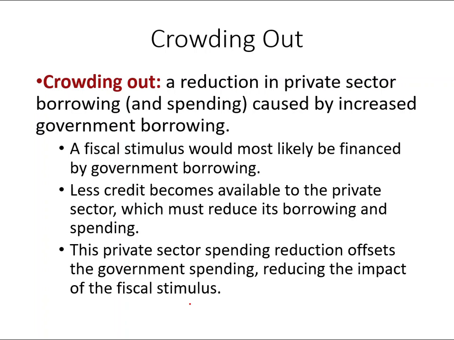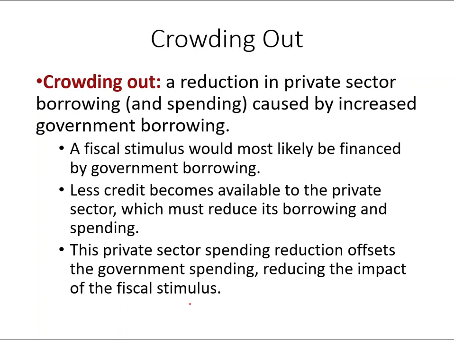Some of the intended fiscal stimulus may be offset by crowding out of private consumption and investment expenditure. You can think of it as the government taking a role in investing, so they are stealing the resources for private companies to invest in. That is called crowding out.